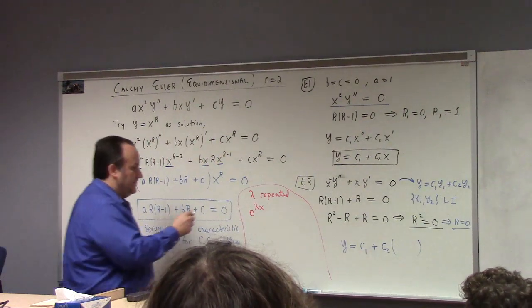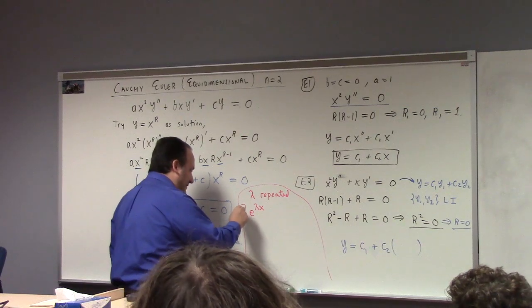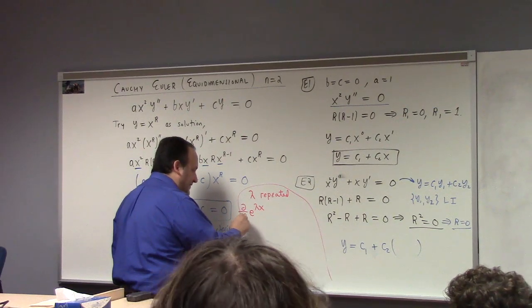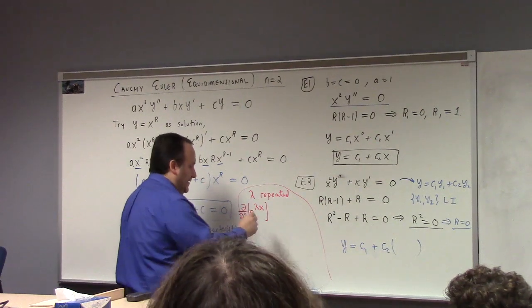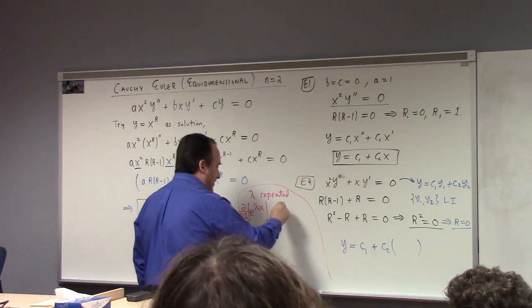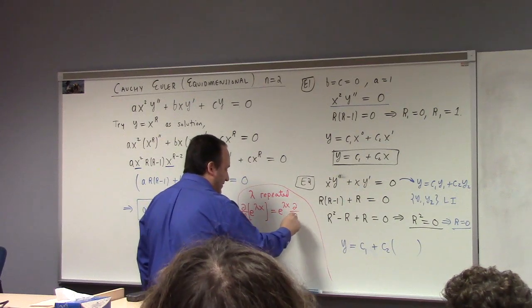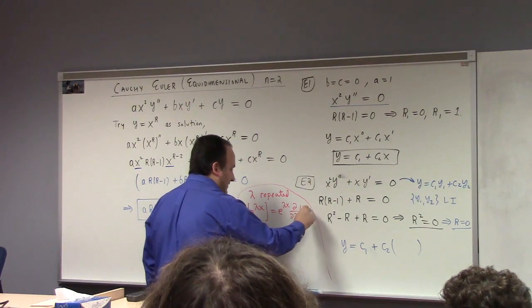But check this out. If I take the partial derivative, not with respect to x, but with respect to lambda here, then that gives me e to the lambda x times the partial derivative with respect to lambda of lambda x. What's that?